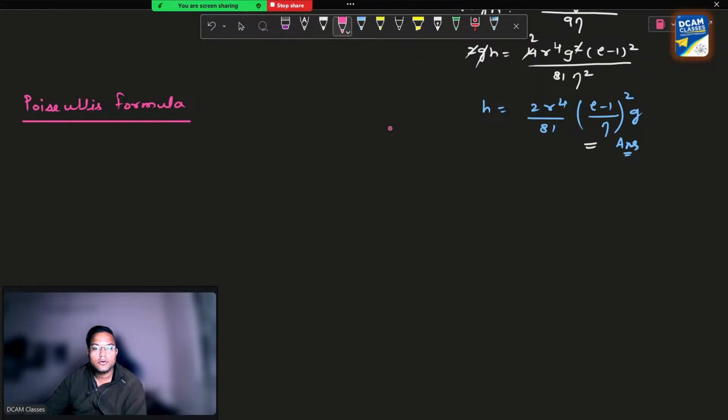This is Poiseuille's formula. It is there for whenever a fluid is moving through a pipe. Suppose this kind of pipe is there, and you will find series and parallel combinations also.